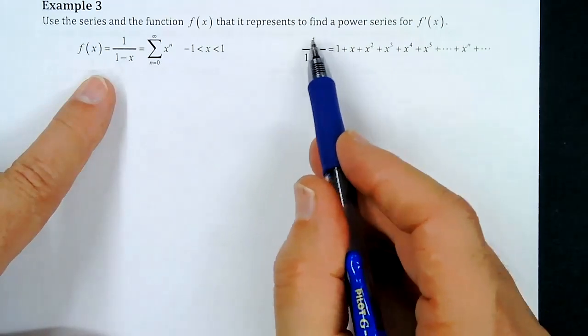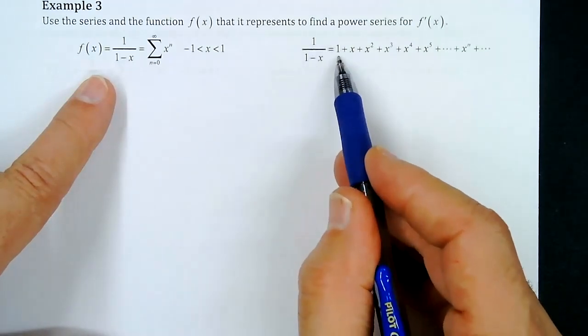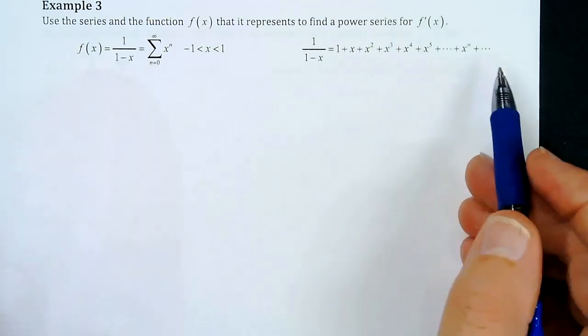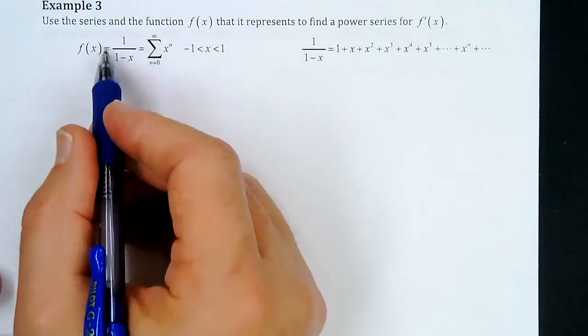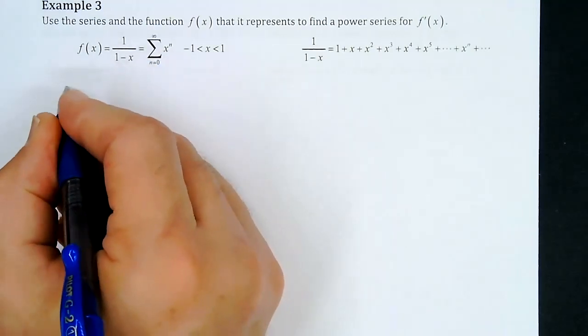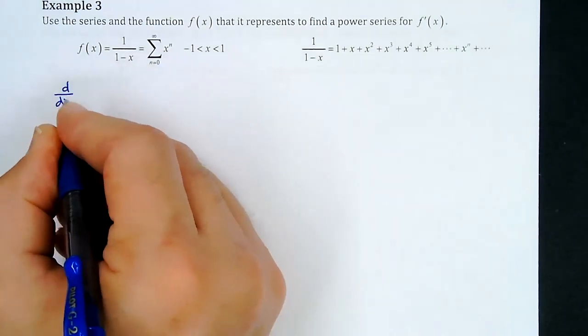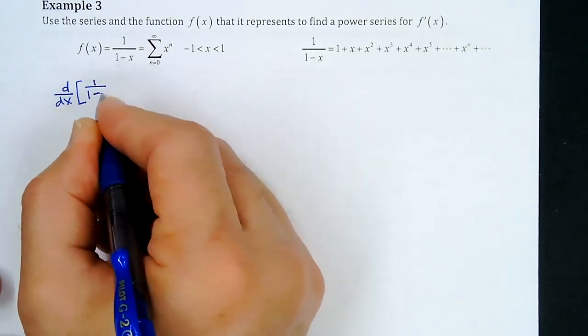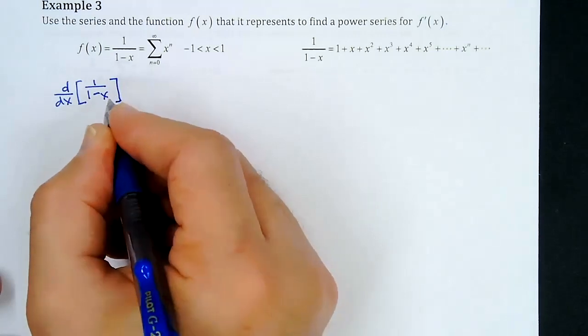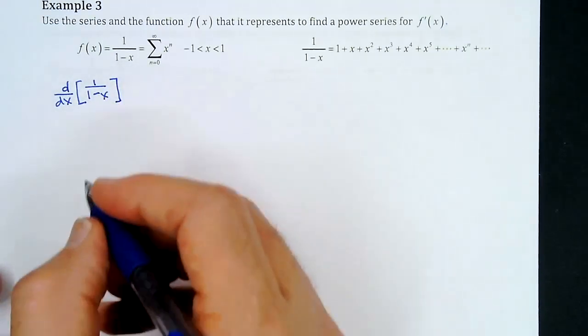And this is the function written in expanded series form. So if we take the derivative of our function, 1 over 1 minus x, I'm going to write this as d over dx of 1 over 1 minus x.